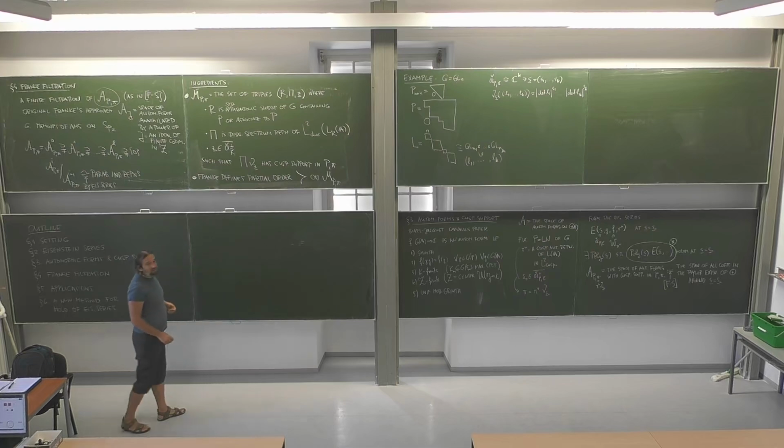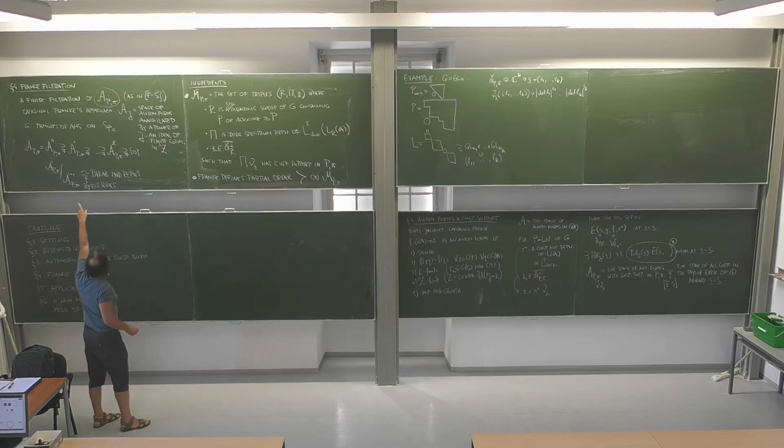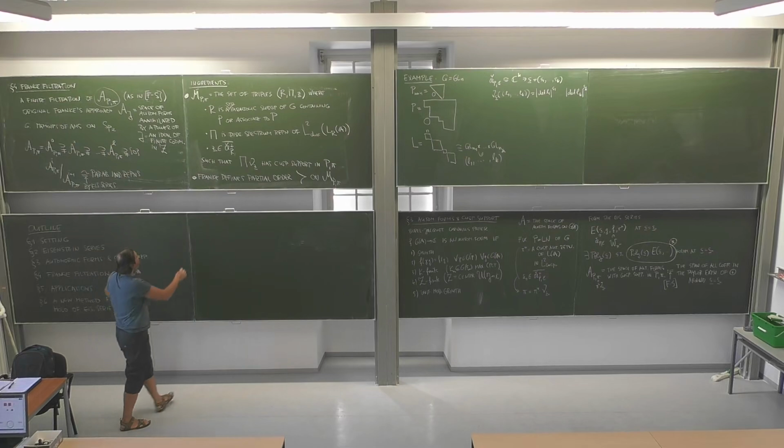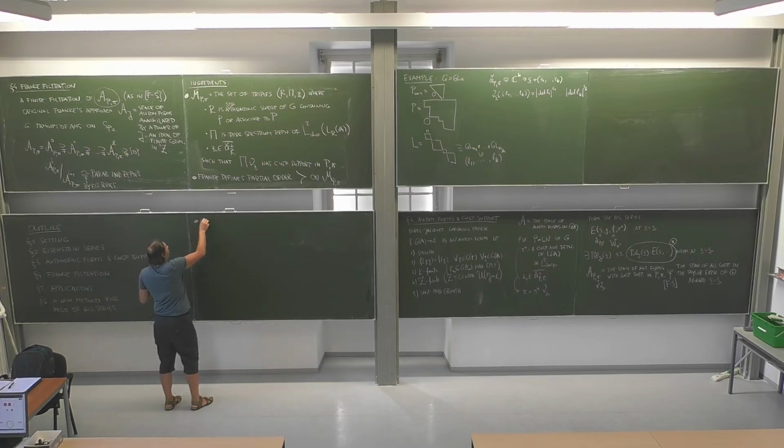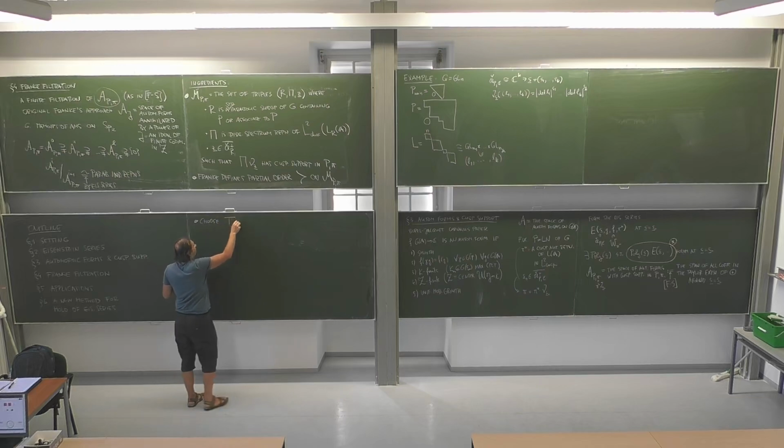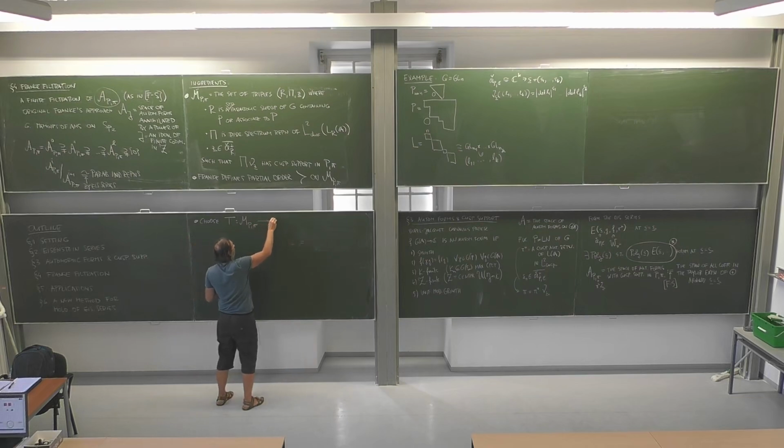then we have to define these steps in the filtration. We have to choose a function T from this set of triples to integers.